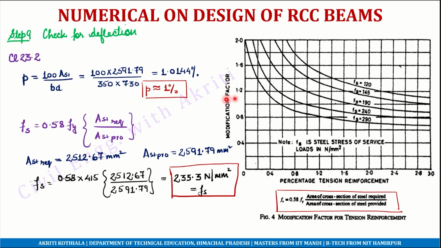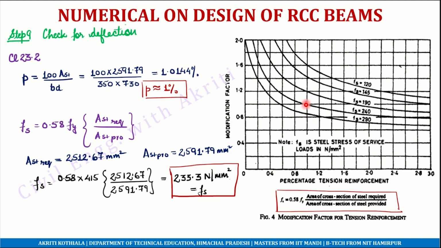So now from the value of percentage of tension reinforcement and the value of Fs, we have to calculate the modification factor. If we see, 233 will fall somewhere between these two lines of Fs equal to 190 and Fs equal to 240, and percentage of tension steel equal to 1 lies on this vertical line.